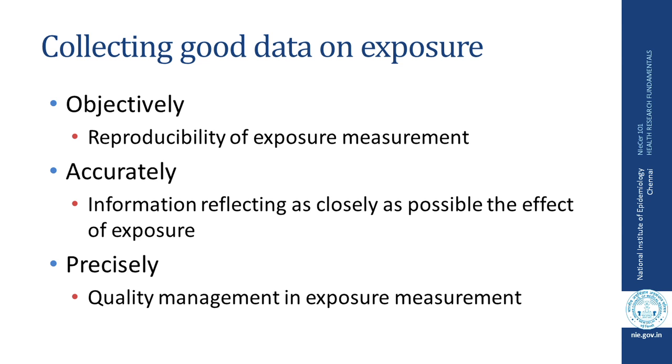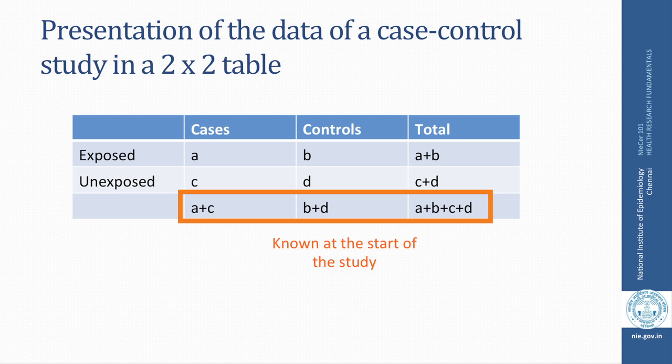Once you select cases and controls, the next important step is collecting data about past exposures. And again, there are three important principles: collecting the data on exposures objectively, so that your measurements are reproducible, accurate and precise. Once you collect the data on exposures, this is how your 2 by 2 table will look. This is exactly the same table which we saw for the cohort studies.